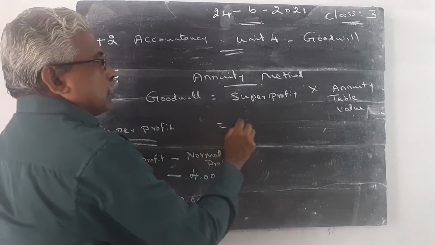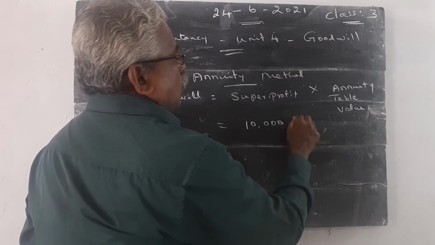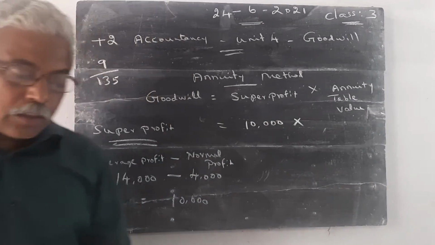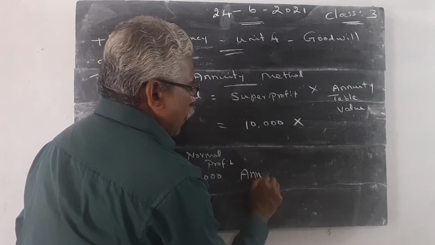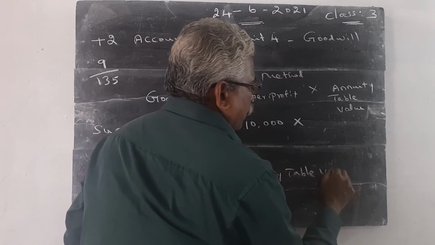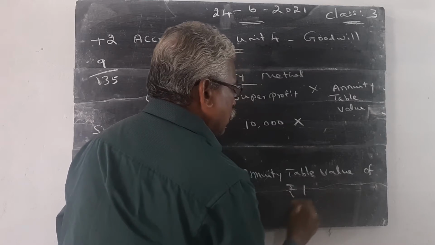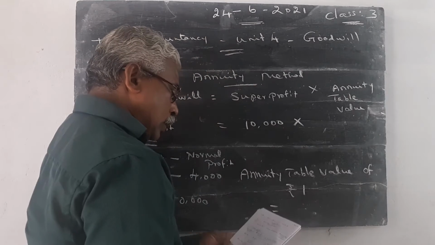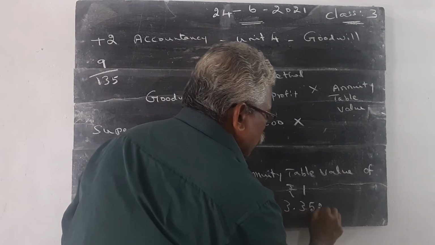So goodwill is equal to super profit 10,000 into annuity table value. It is also given in the question. Annuity table value of rupee 1 is equal to 3.352.